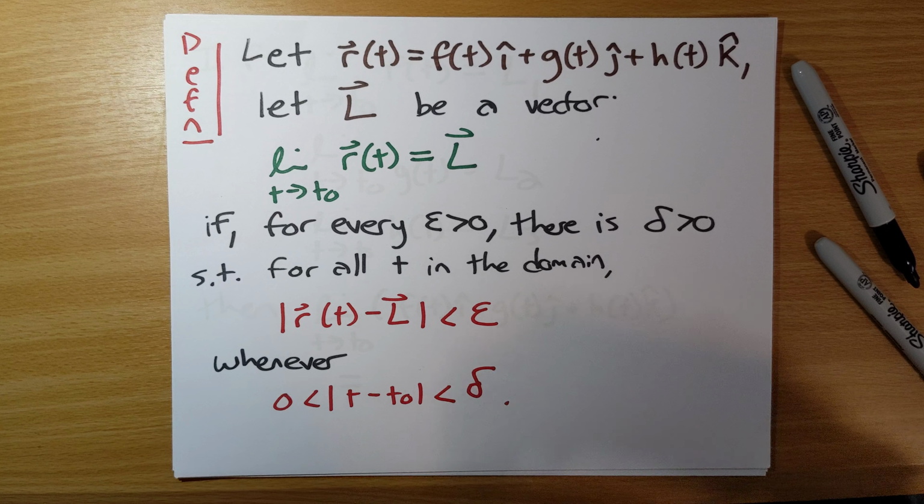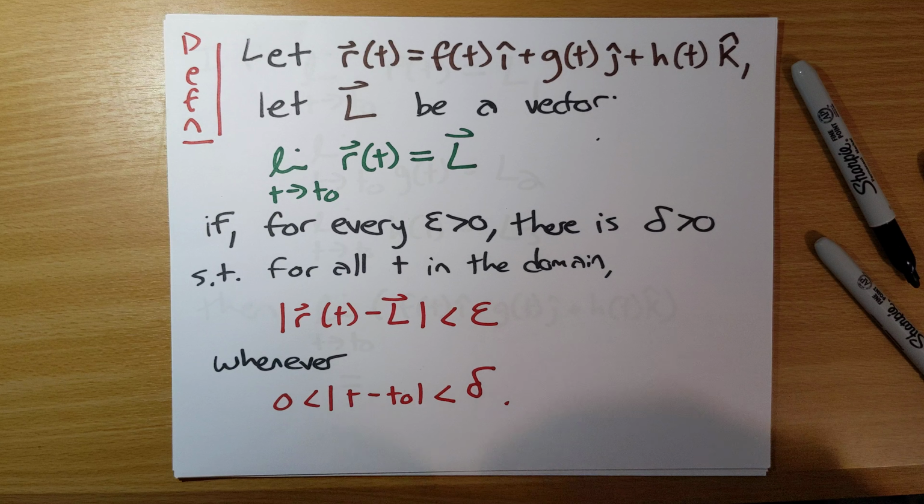And so this is the so-called epsilon-delta definition. You may or may not have seen an epsilon-delta definition for limits of just a one-variable, scalar-valued function in Calc 1. If you didn't, don't worry about it. I'm not expecting you to understand all of this to know what's going on.